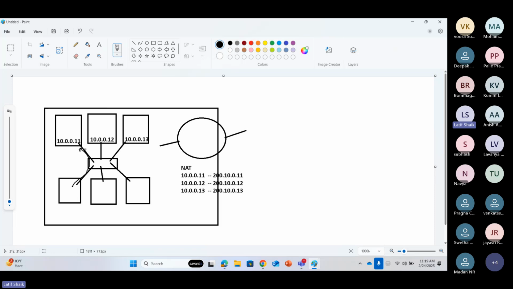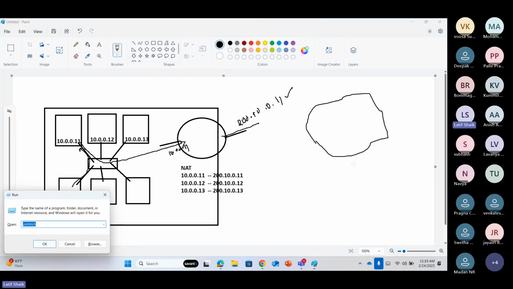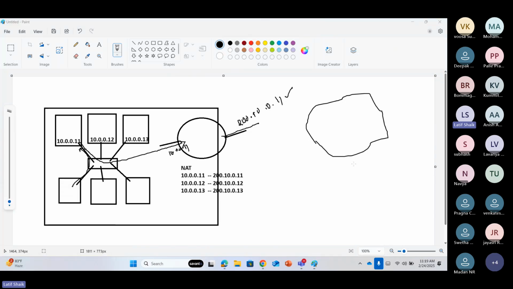But for example, if this system wants to communicate outside, up to here it is 10.0.0.11 only, but it goes out as 200.10.0.11. So for the outside internet, they know your public IP, not your private one, when you are accessing google.com, facebook.com, youtube.com, right?